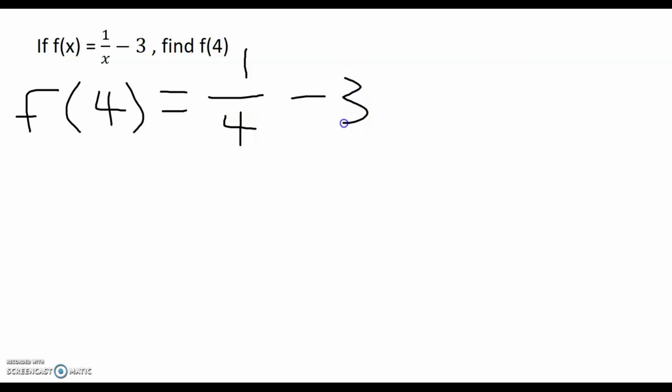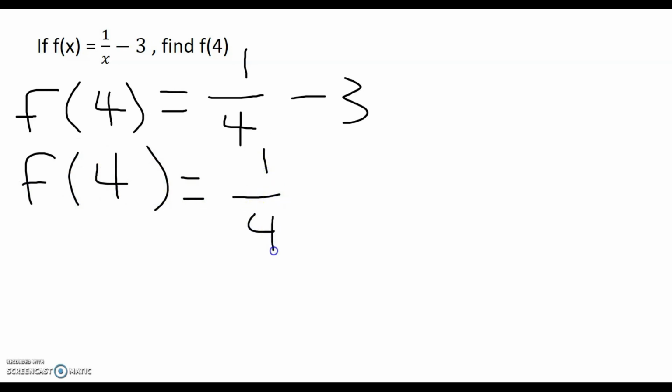As you can see, I am going through and writing f of 4 on the left-hand side of the equation, and I am substituting 4 in for the value of x on the right side of the equation, and I am solving the equation as I would normally.